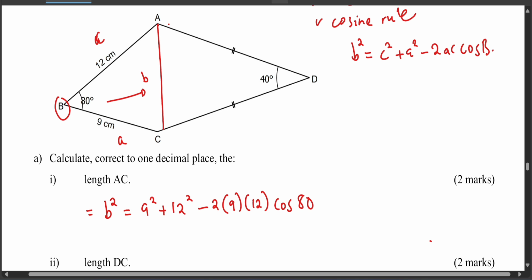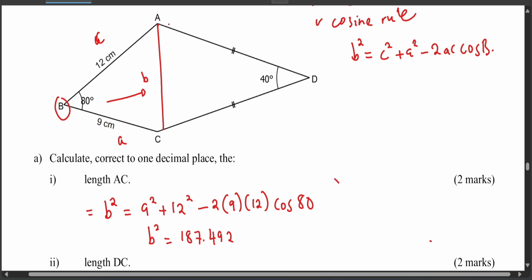So let's just search 9 squared plus 12 squared minus 2 times 9 times 12 times cos 80, which will eventually give you b squared as 187.492 maybe.